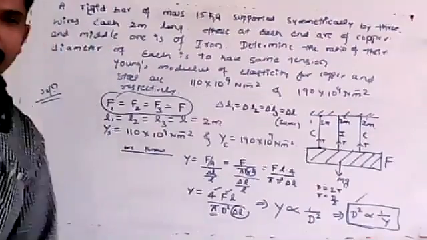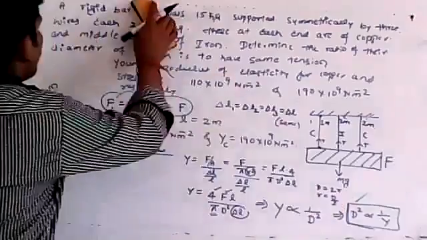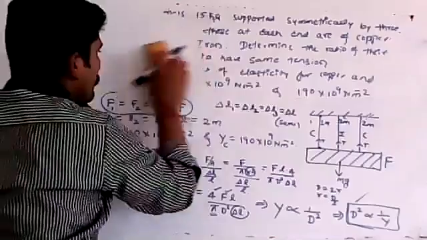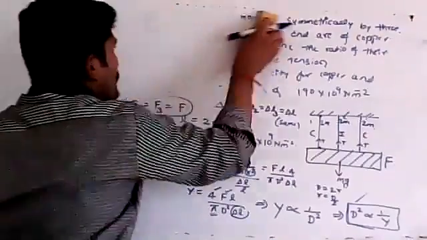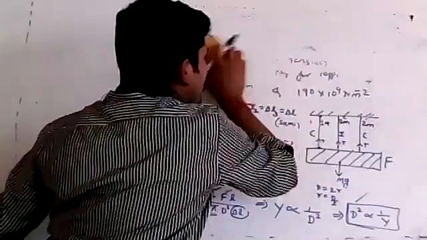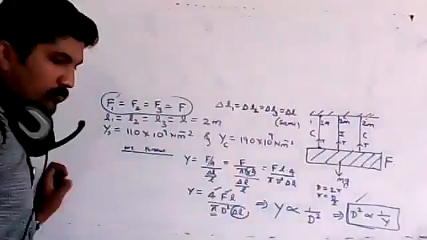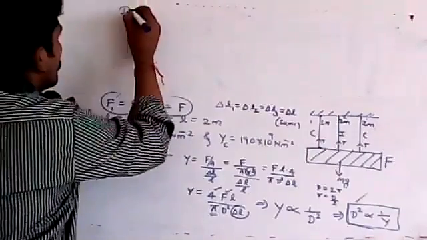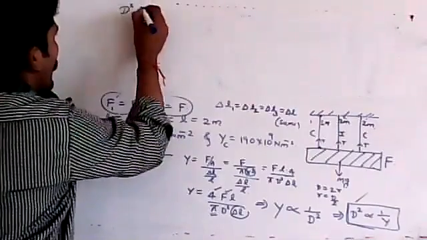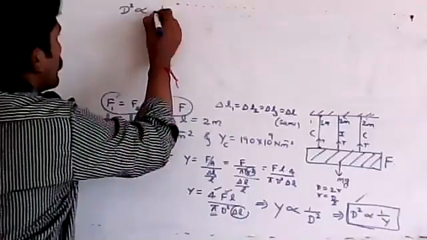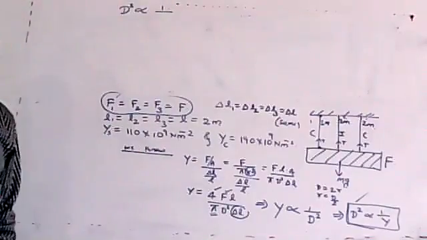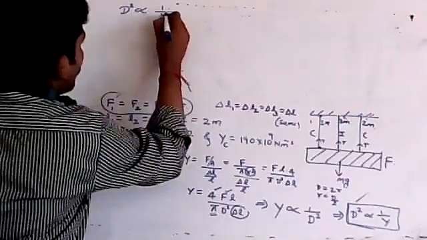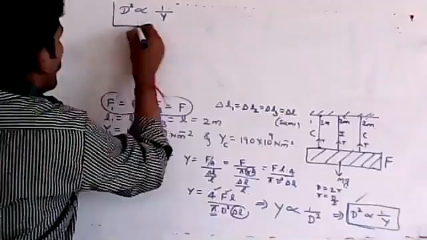You know the relation now between Young's modulus and diameter, which I already wrote: D square is inversely proportional to 1 by Y. This is the actual equation.